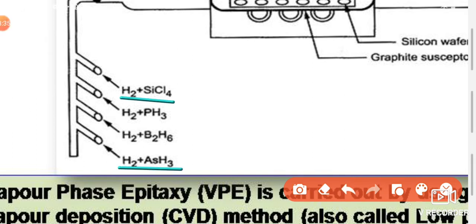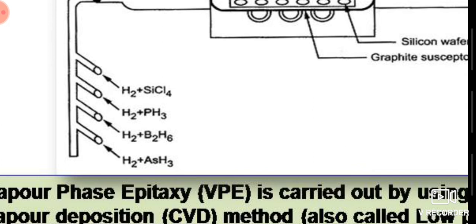So, you know, for N-type semiconductors, what do we do? We use pentavalent impurities or dopants. As phosphorus is a pentavalent impurity, we can use it for N-type doping. We have to use phosphorus in vapor or gaseous form, because we are carrying out vapor phase epitaxy.